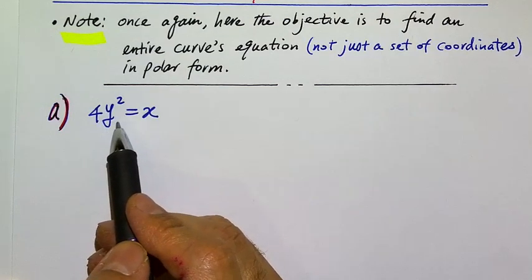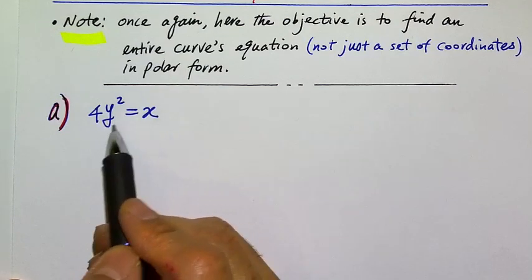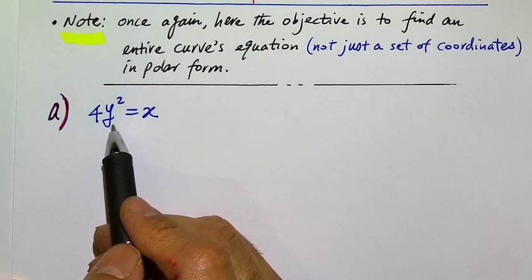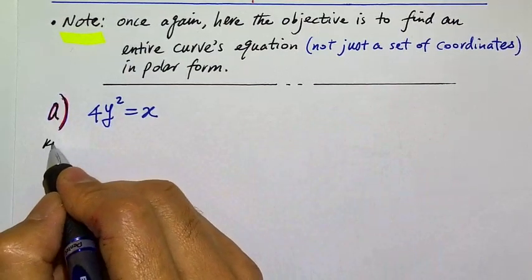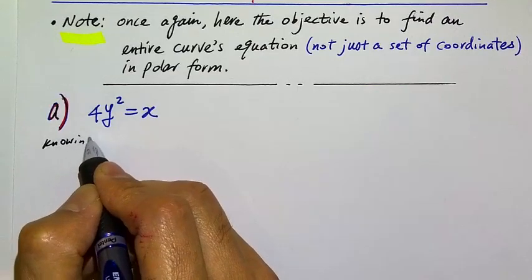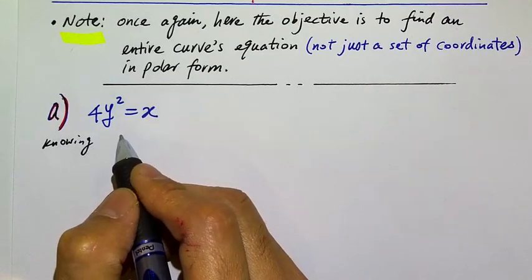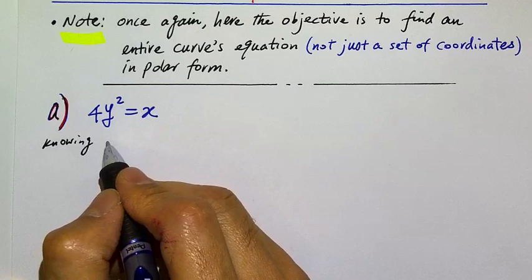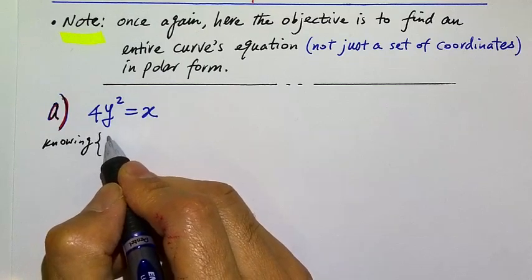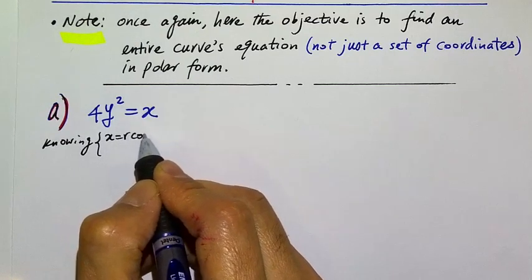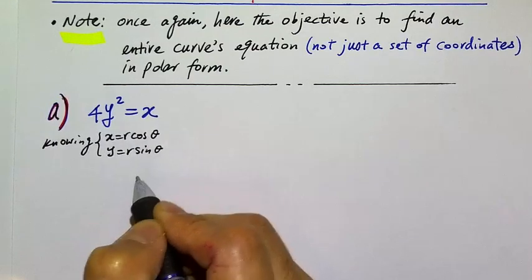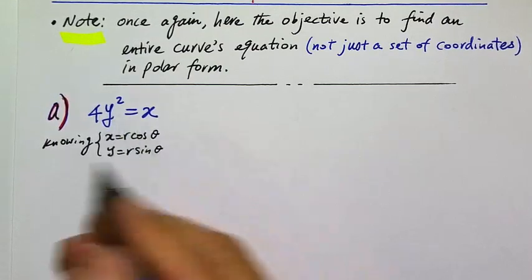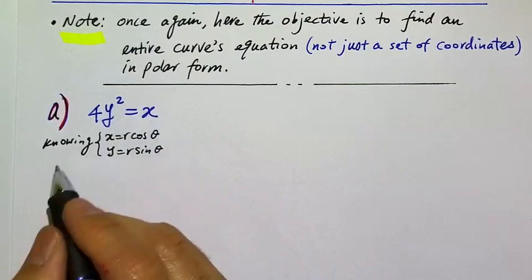So let's replace for y and x. Knowing that x equals r cosine of theta and y equals r sine of theta, we're just going to replace for y and x.